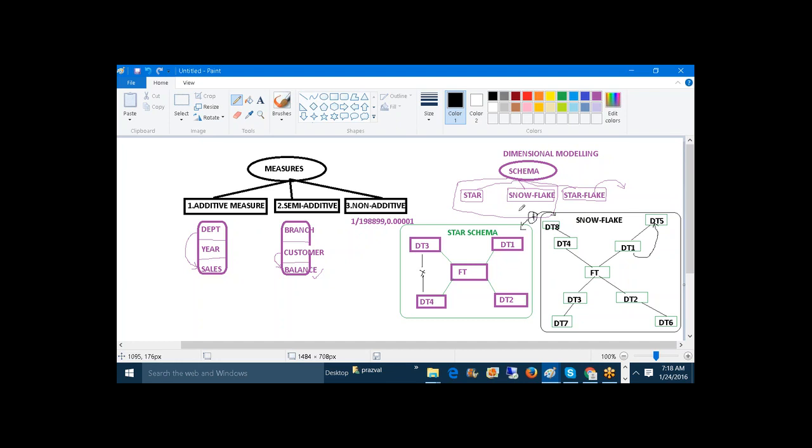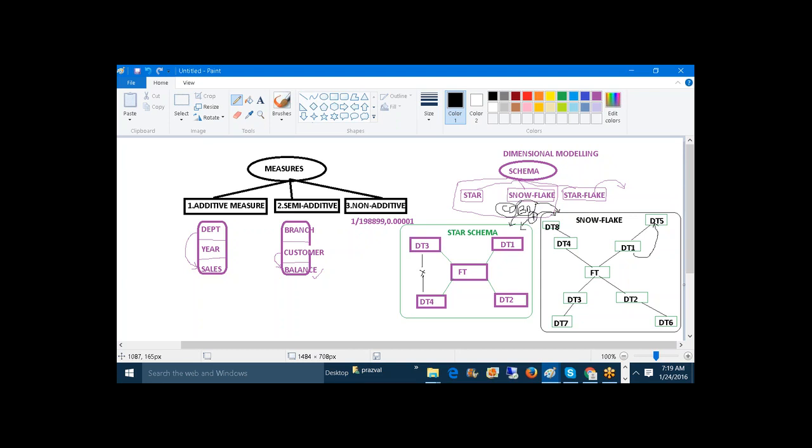With the help of a bridge dimension. By using the bridge dimension, we can combine both the star and snowflake. So which dimension will act as the bridge dimension? The conformed dimension. Always the conformed dimensions will act as the bridge dimension. With the help of the conformed dimension, we can combine the star and snowflake.